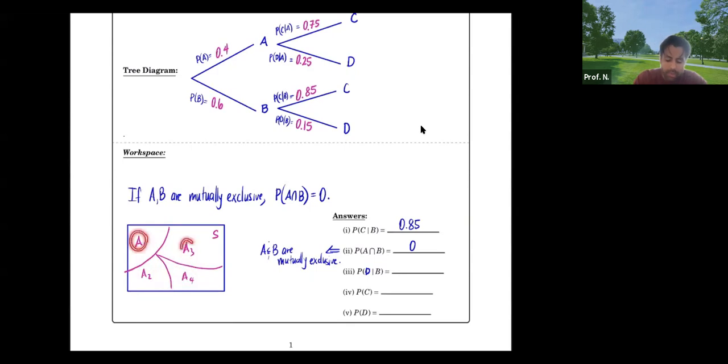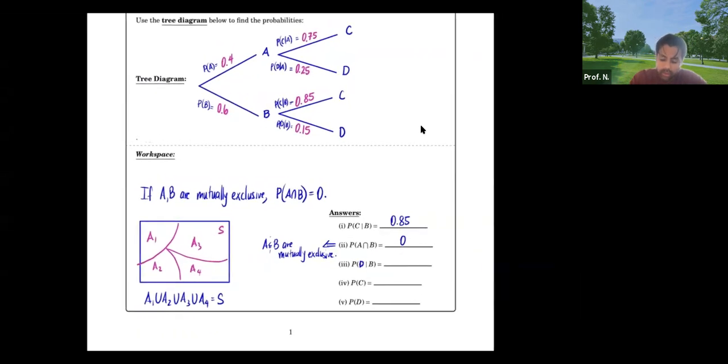But when you union them together, you get the sample space. So the probability of the union of the mutually exclusive events occurring would be 1 because it makes up the whole sample space.